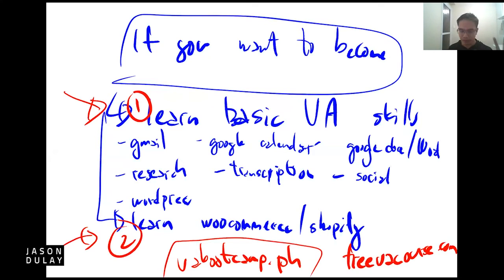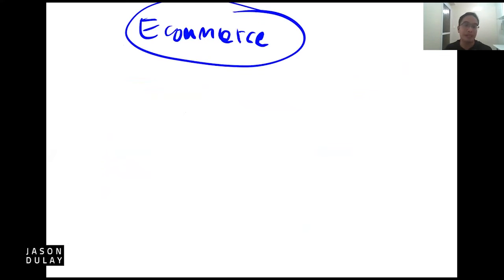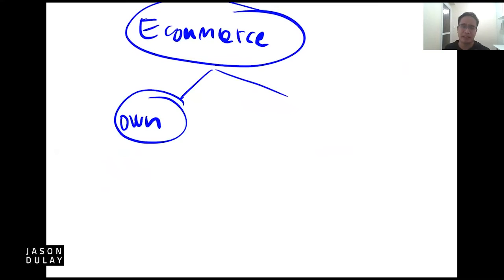Now, I promised you earlier I'd differentiate drop shipping. In the world of e-commerce, I'd say there are many different categories, but let me just write two main categories. In e-commerce, you're selling products, right? So usually you're selling your own products. This is the most common kind of e-commerce, but there's another kind where you sell other people's products.